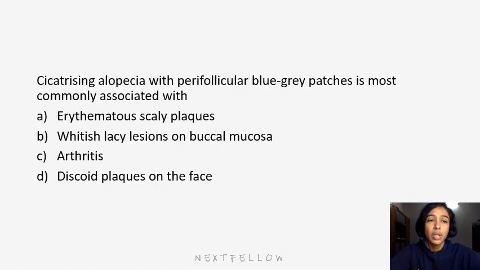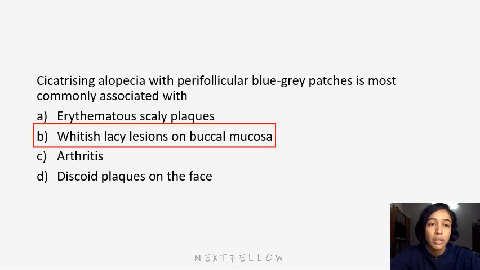So next question, cicatrizing alopecia, that means scarring alopecia, with perifollicular blue-gray patches is most commonly associated with erythematous scaly plaques, whitish lacy lesions on buccal mucosa, arthritis, and discoid plaques on the face. So the answer would be the Wickham's triad, which they're talking about, of lichen planus. They've described scarring alopecia in lichen planus, right?